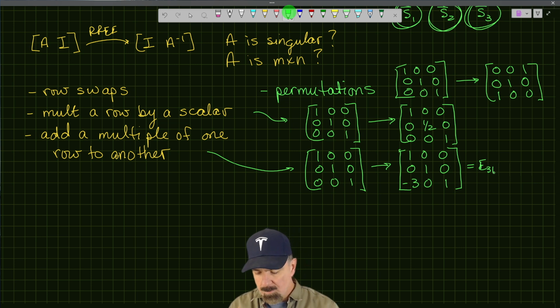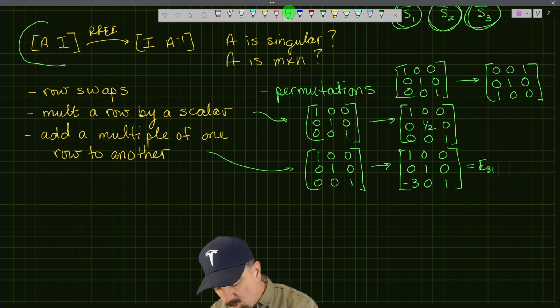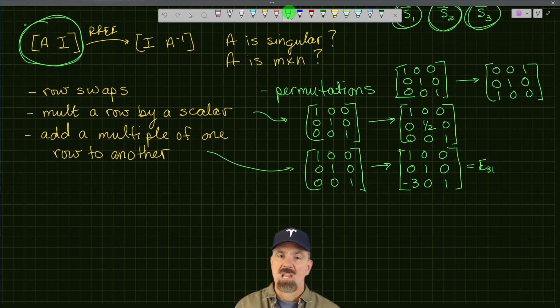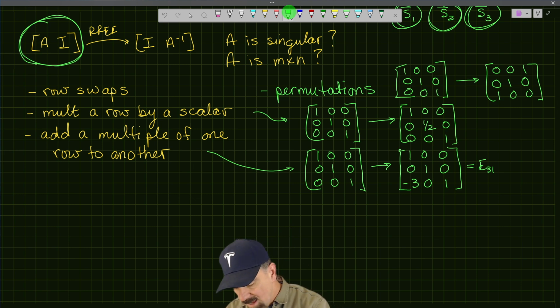This is critical because what are we doing here? If we execute row operations on A, only A, and that's really important, and it's going to get into why we're going to use the RREFs that we created, I am executing the same row operations on the identity matrix. And what does that give me?